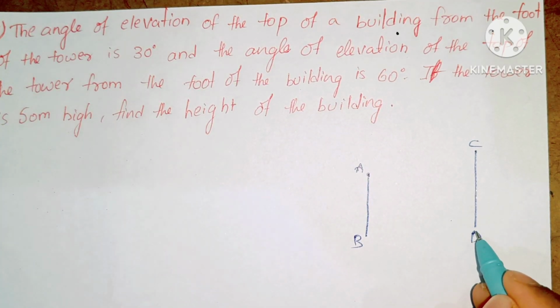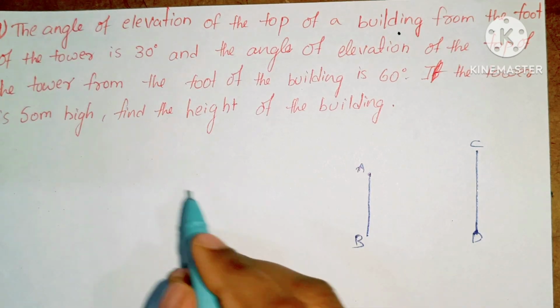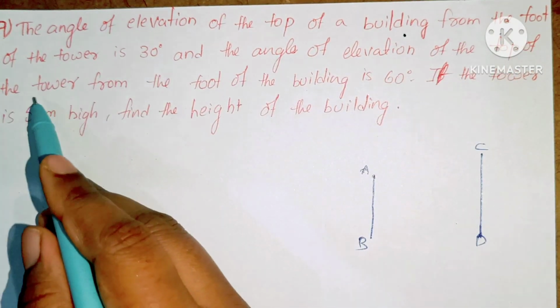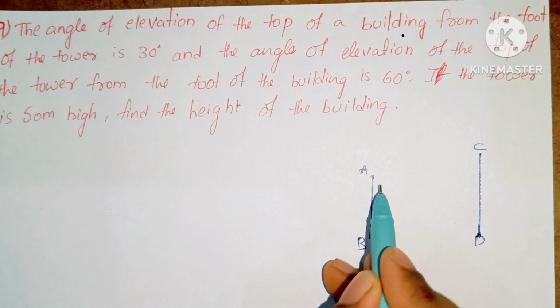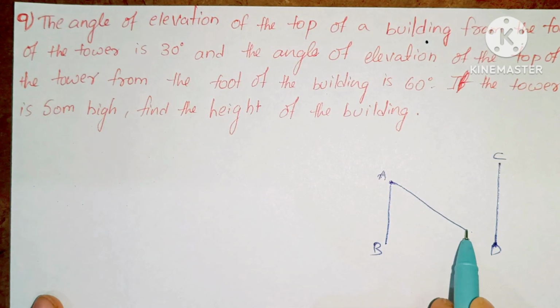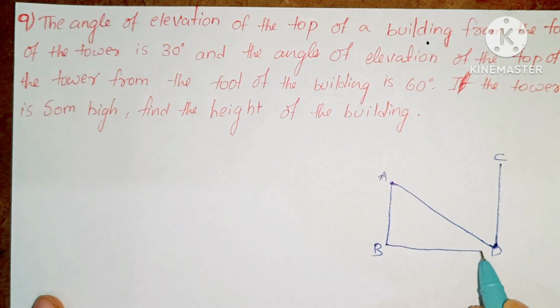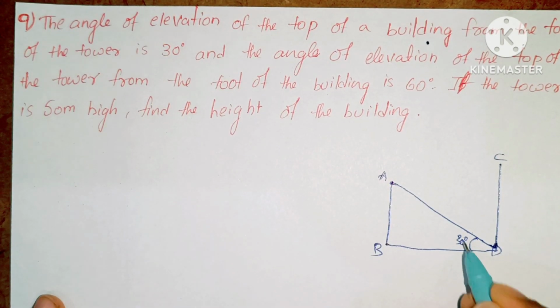I kept tower as C, D. Foot of the tower means this one. Top of the building means this one. So the angle of elevation, how much here? I am drawing the base also. So angle of elevation, how much here? 30 degrees. So I am writing here 30 degrees.